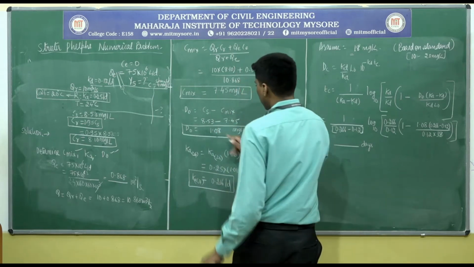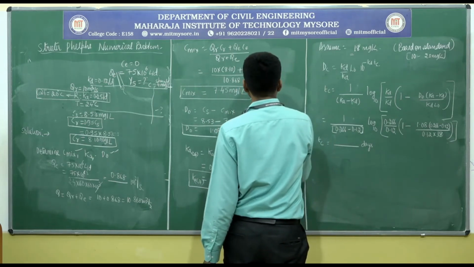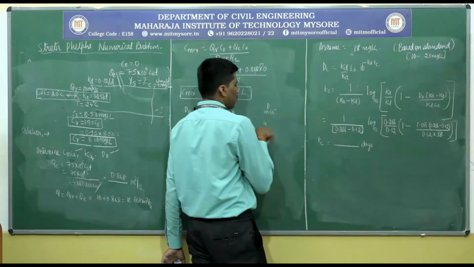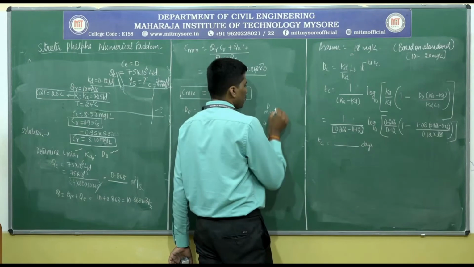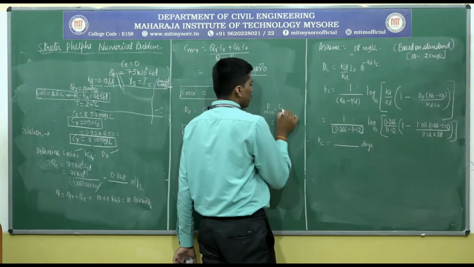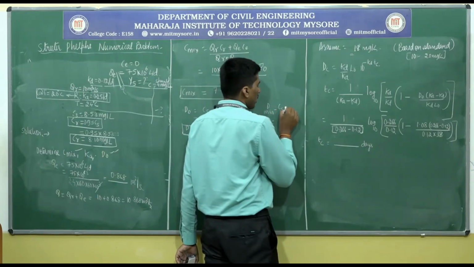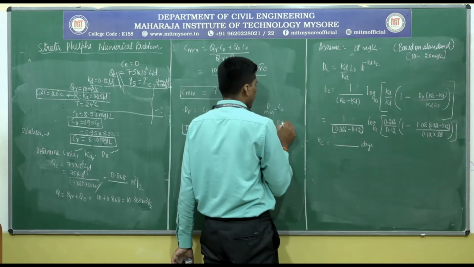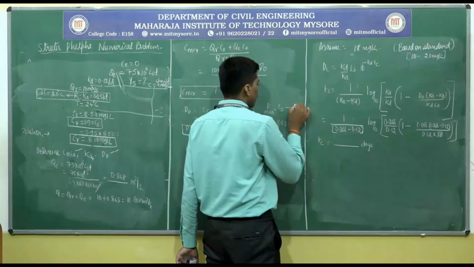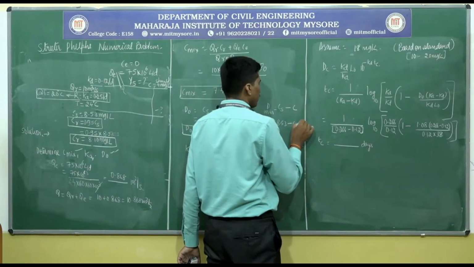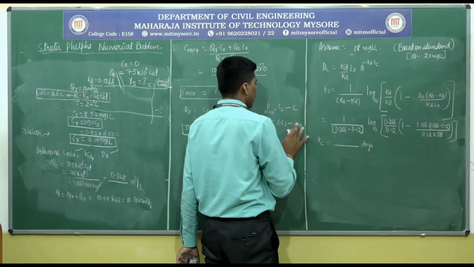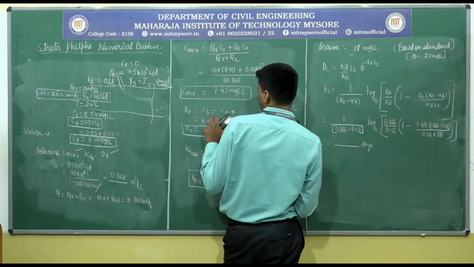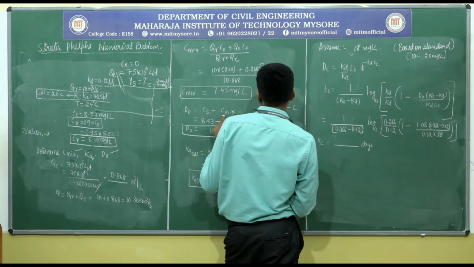Because see here, what they are asking is the deficit that takes place, that is the D minimum is equal to how much? It should be 4. So 4 is equal to CS concentration minus C mix. CS is how much it is? 8.53. So I wanted to know what is the C mix concentration.